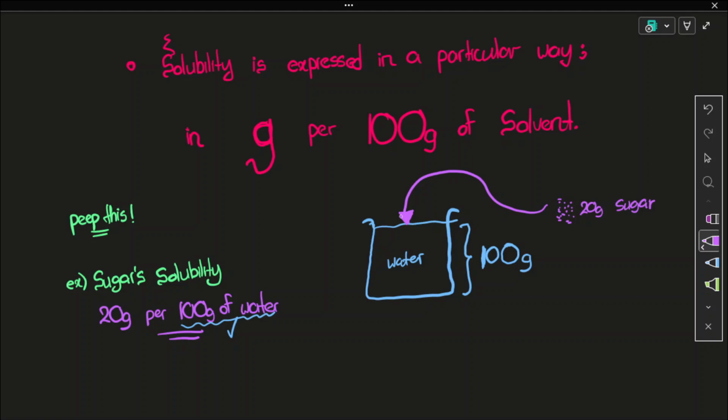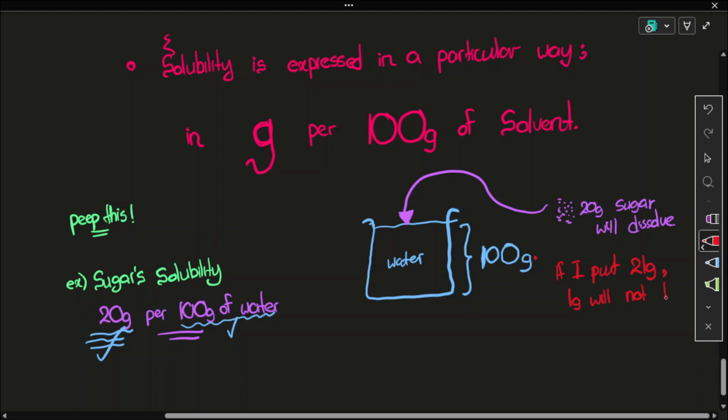Imagine if I put 21 grams of sugar. 1 gram will not dissolve. Why? That's because the maximum solubility of sugar is 20 grams per 100 grams of water.